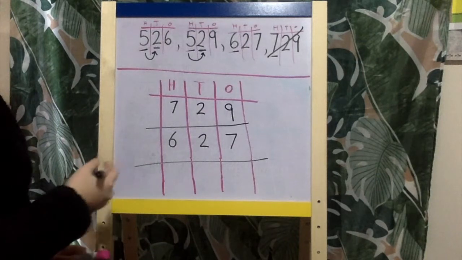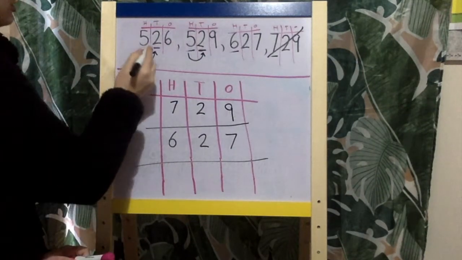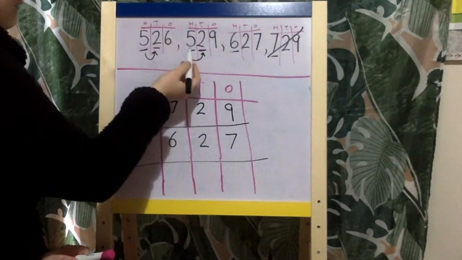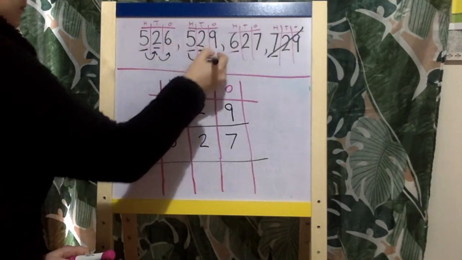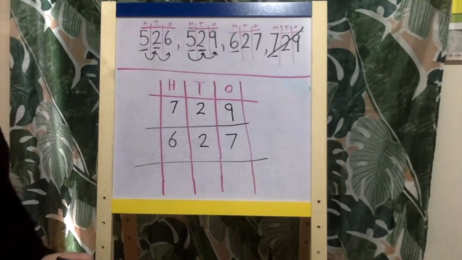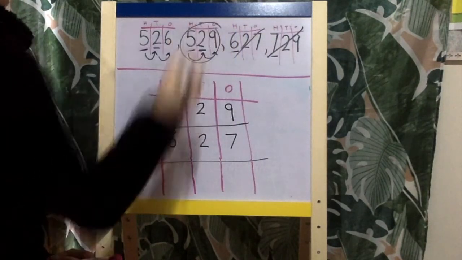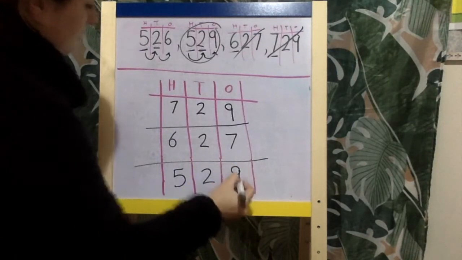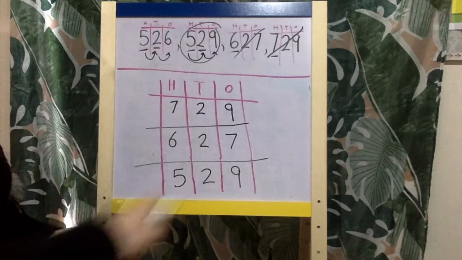So it's still not sure. We're still not quite sure which number is bigger using our hundreds and tens. We've got 500 here, we've got 20 here. 500 here, 20 here. We need to move to the next one. We've got 6 and 9. Now I know 9 is bigger than 6, so this is our bigger number here. Okay, and then we would add this one on the bottom.